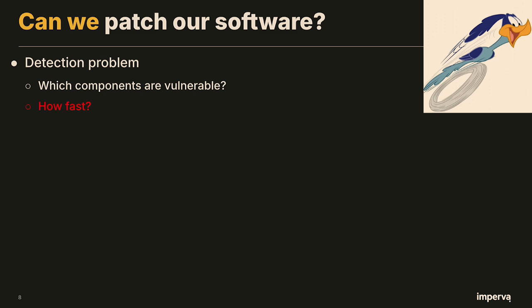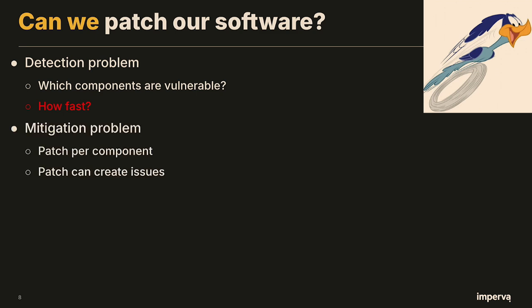There are products and systems that help us detect these vulnerable components, but it takes some time, and it's not an easy task. And even if we did that, we need to patch each and every one of them. And these patches can create issues, because applying a patch means just downloading some recent version of the product or library, but maybe they have interoperability issues, broken APIs, so then our components stop communicating between them and everything stops working.